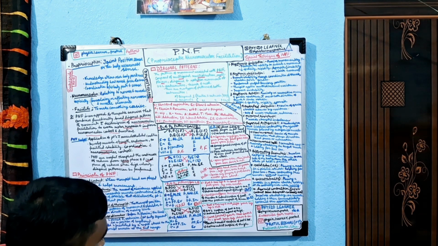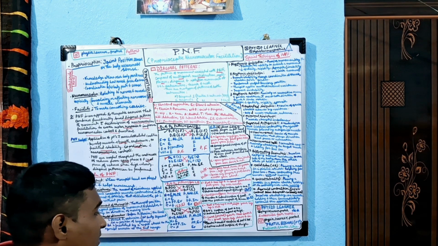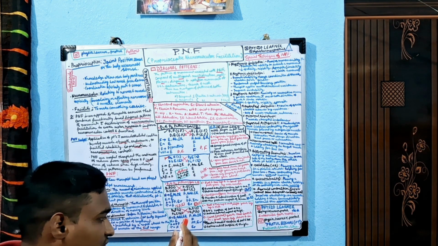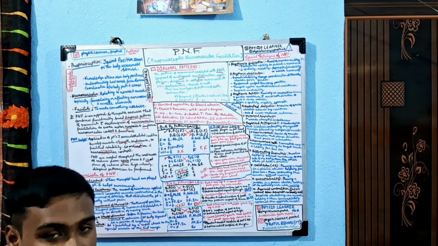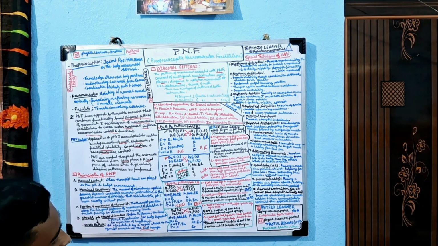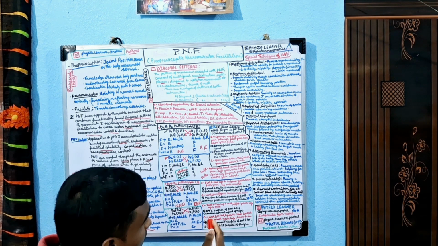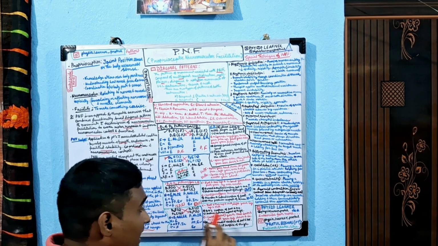What is the D2F ending position? Ending position is hip flexion, abduction, external rotation. Knee should be flexion, ankle should be dorsiflexion, eversion, and toe is in extension position. What is the command here? Foot and toe up and out, your leg up and out.